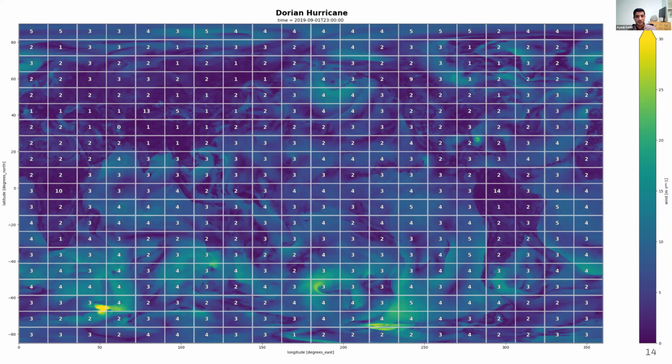We started by exploring the effect of chunking on hurricanes using the ERA5 data. We analyzed the timestamp where the Dorian hurricane had occurred.